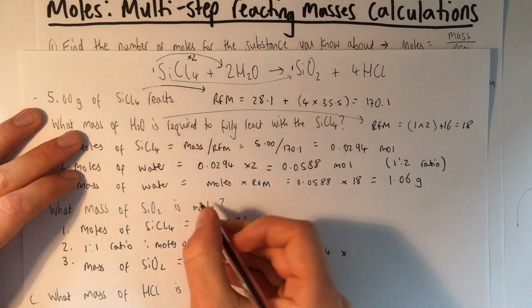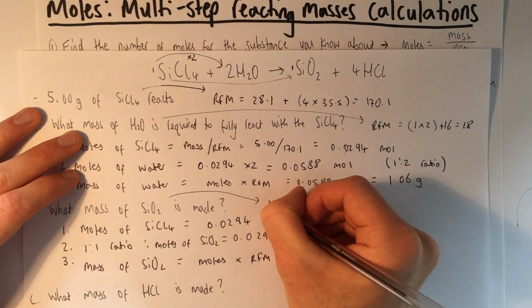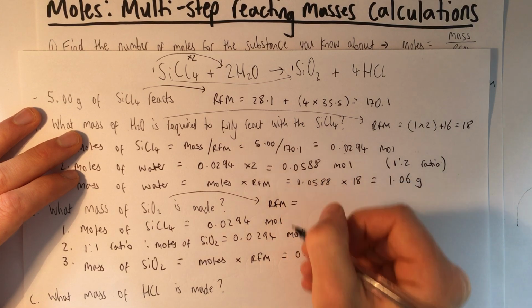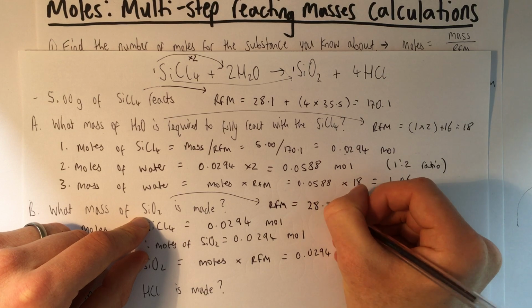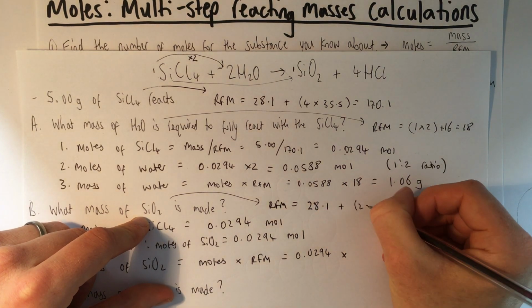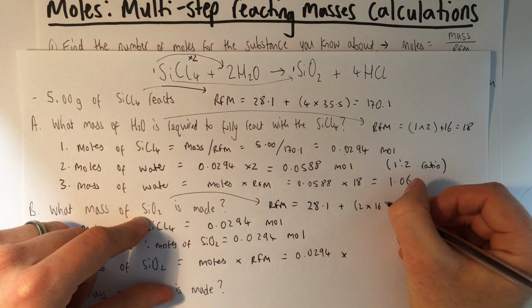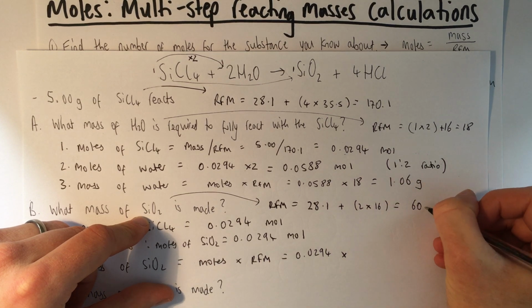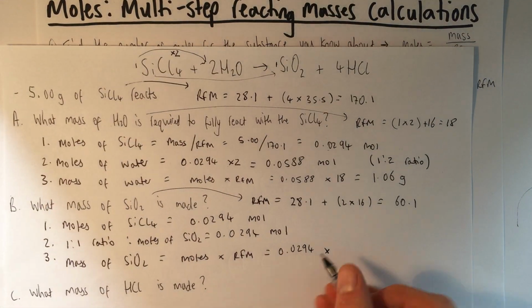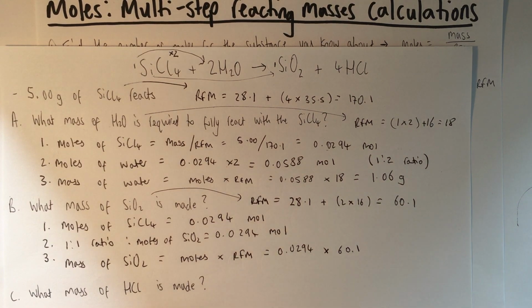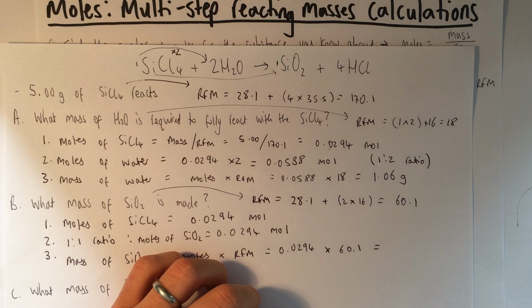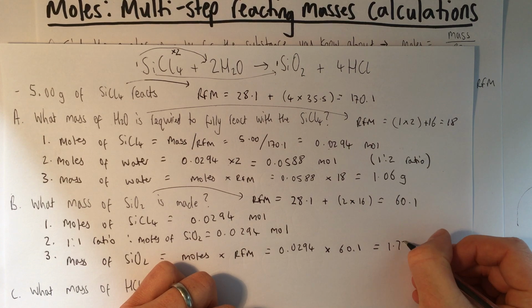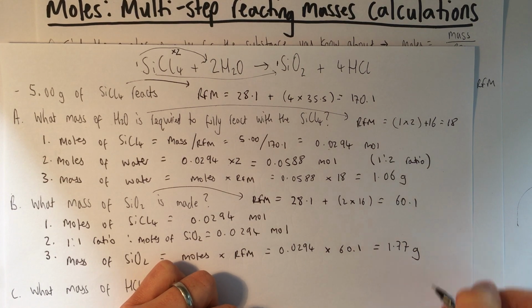And then the relative formula mass of silicon dioxide: there's 1 silicon atom, so that's 28.1, and then there's 2 oxygen atoms, so 2 lots of 16, so 60.1. So that number of moles times 60.1 gives me, when I worked it out earlier, 1.77. Again, it's a mass, so the unit is grams.